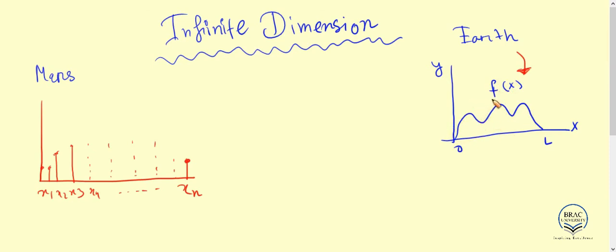Now your friend who's on Mars wants to know about this vibrating string as well. So the way to communicate about this string is to decompose the 0 to L interval into, let's say, 30 smaller intervals.